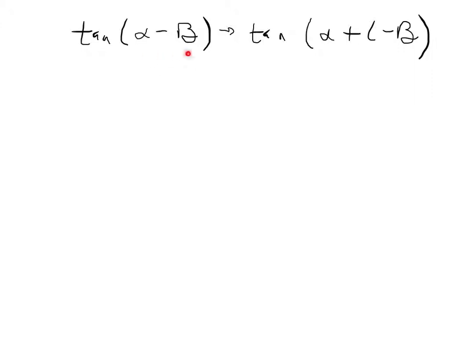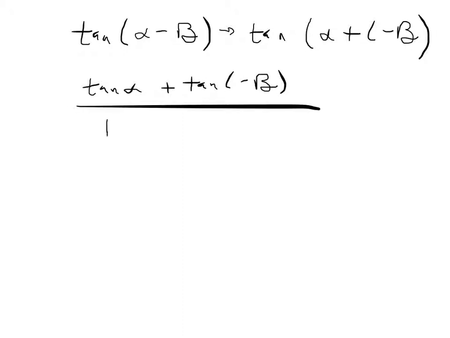So how about if we want to then derive our formula for the tangent of alpha minus beta? We consider alpha minus beta as alpha plus a negative beta, and just go ahead and replace in our formula for tangent of alpha plus beta, just replace beta with negative beta. So then we would get tan alpha plus tangent of negative beta all over 1 minus tan alpha tan negative beta.